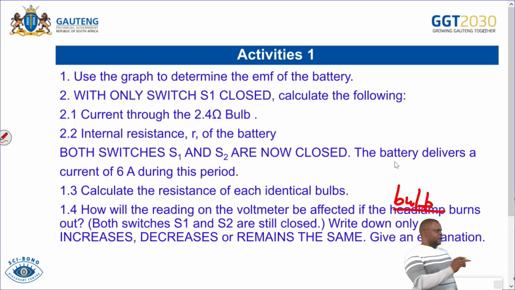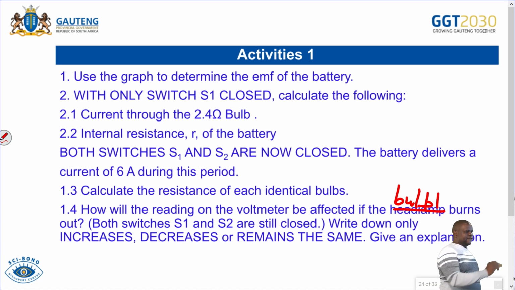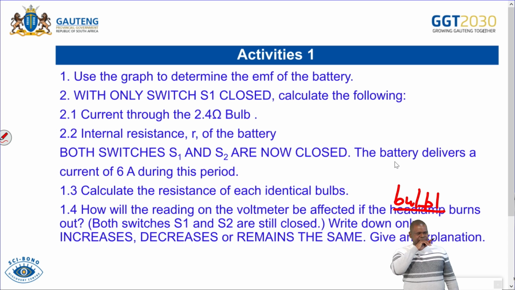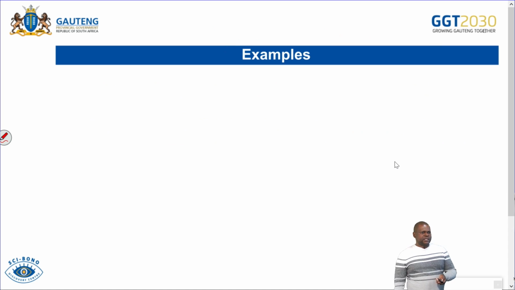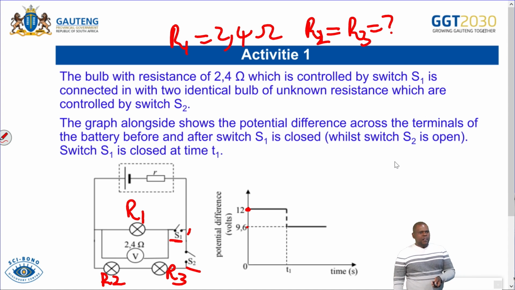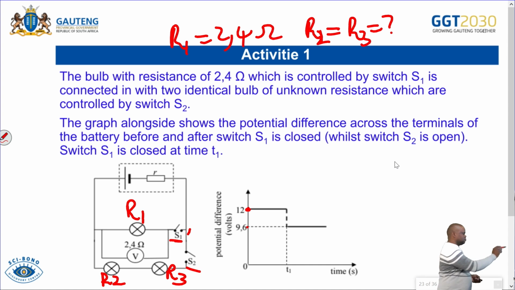The headlight, that means bulb 1, the first bulb, burns out. Or lamp 1, the first lamp, burns out. Which one are we talking about? They're talking about this. Let's go back to the resistors. That means this one, R1.